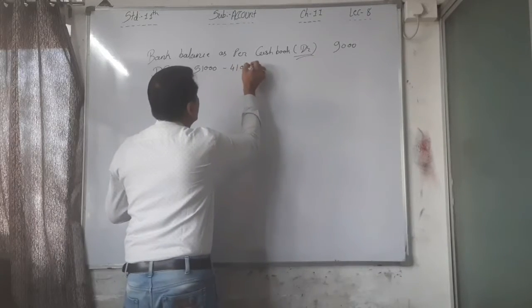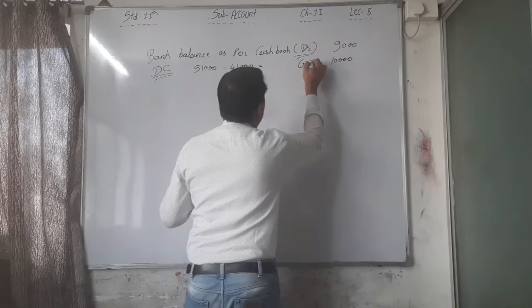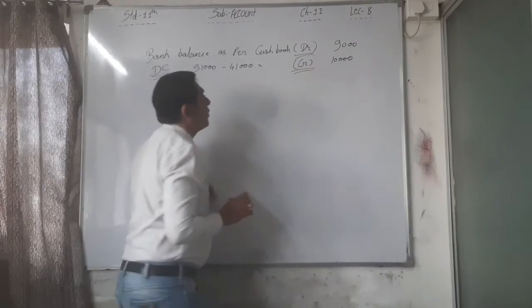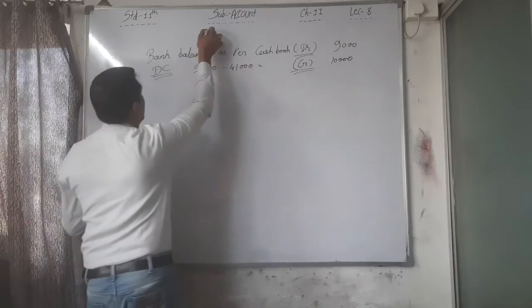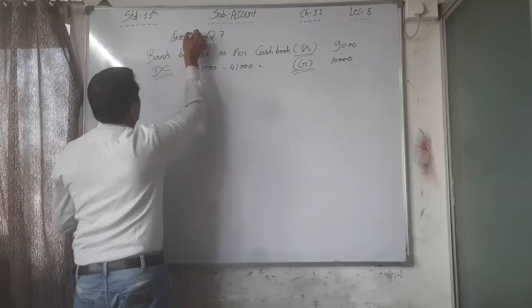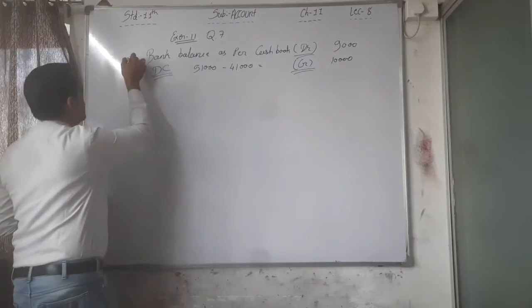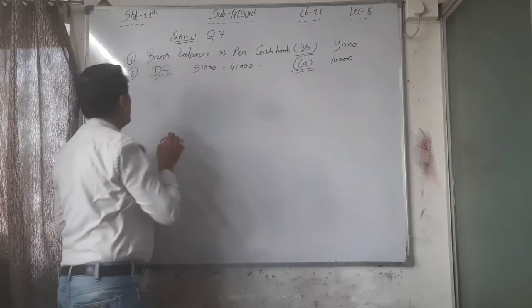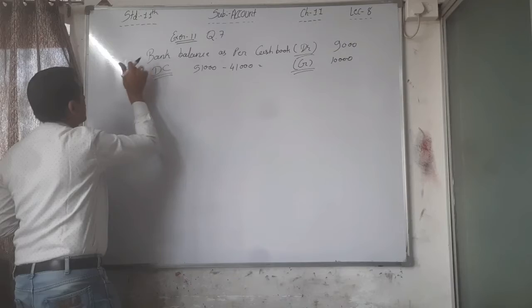That's why the difference amount 10,000 is credited here. 10,000 is credited in question number 7, exercise 11. This one is the starting point and this one is the first point.